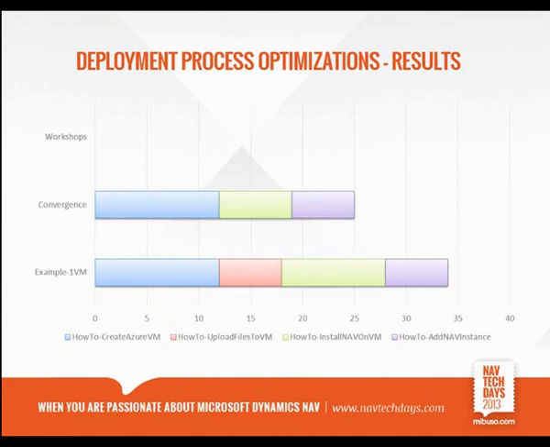The commandlet was also optimized so it leveraged existing data. And for workshops, we decided that we are just going to create an Azure VM from a template. The image for creating the VM will have everything on it. NAV will be already pre-installed.